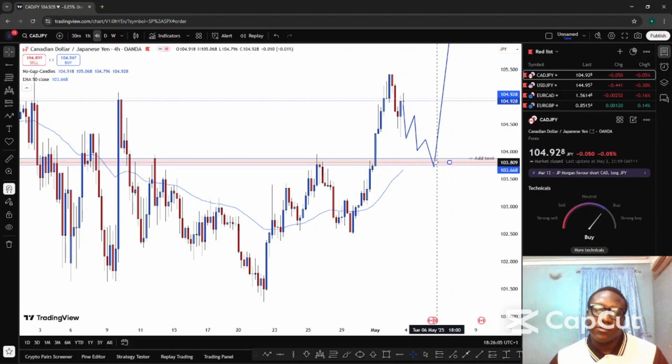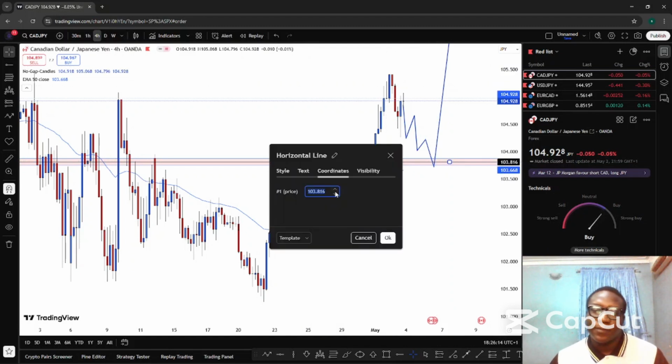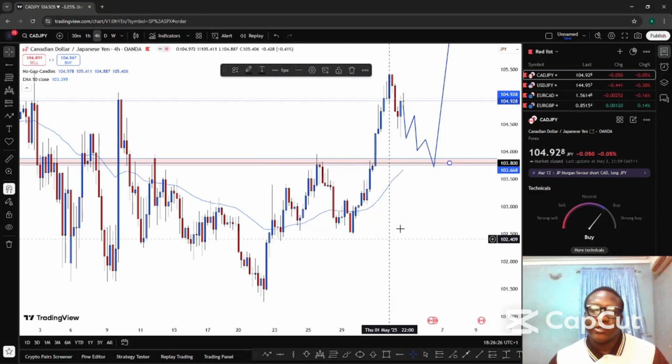Putting a psychological level is basically just trying to get that institutional price, the round figure where the banks and all other institutional parties will be looking to enter the trade. As you can see, we have the psychological level here of 143.800.